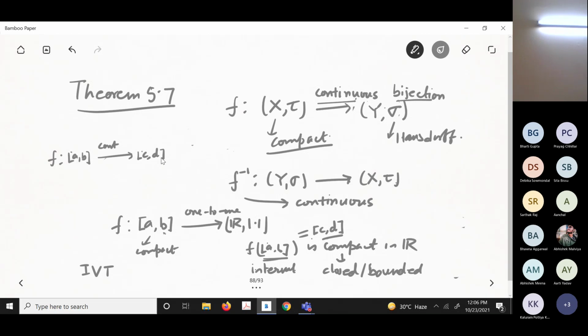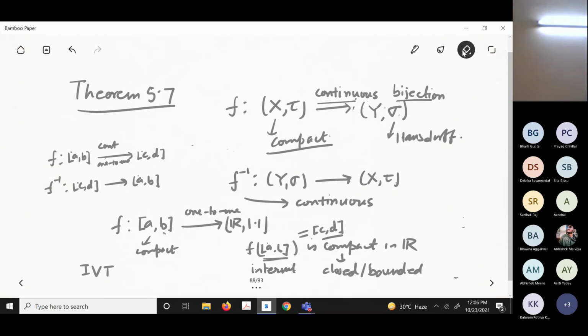Now if it is 1 to 1, and I have taken the image, so it is onto, then you will have this function, and this is saying that it has to be continuous.